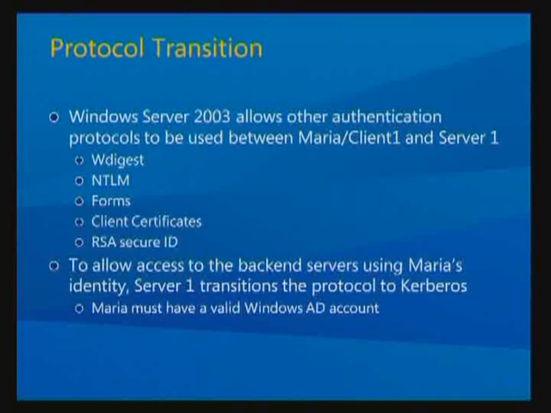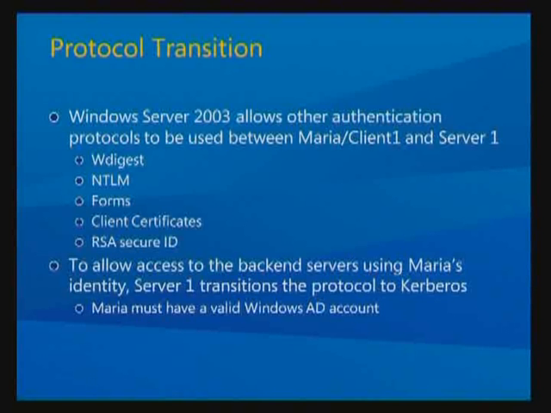And at that point, it has to be very trusted at what it's doing, and we'll see how that works later on. And Maria must actually have a valid Windows identity. So if you come in through WDigest or you come in through forms, Maria, if we're going to do the transition, has got to have a Windows identity, because basically what we're going to do is we're going to transition to a Windows security principal.